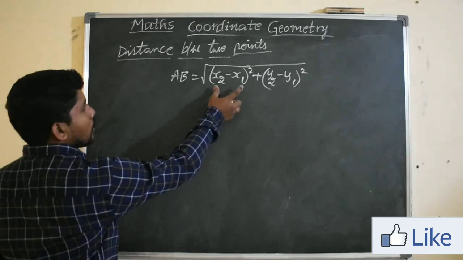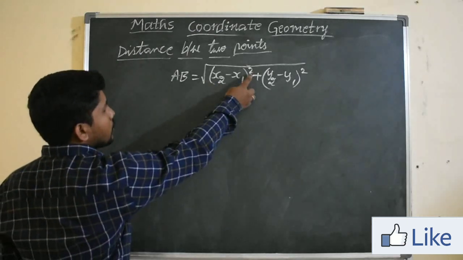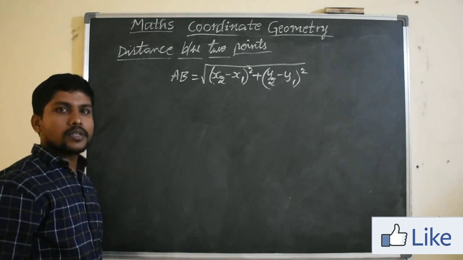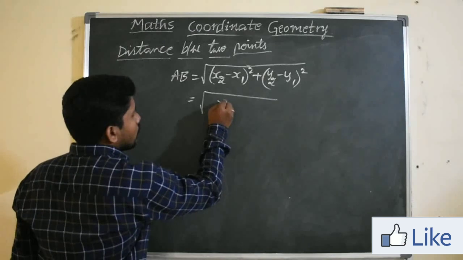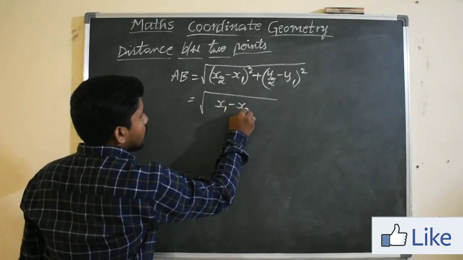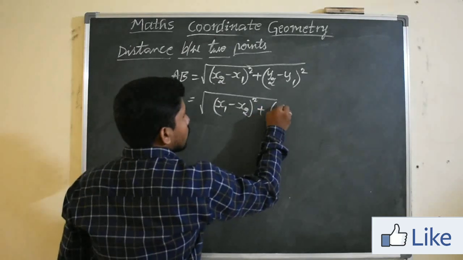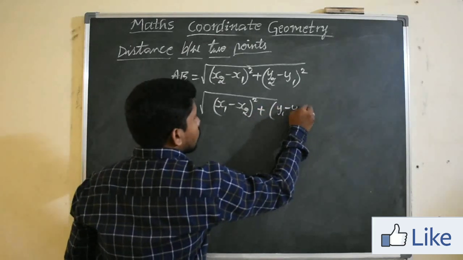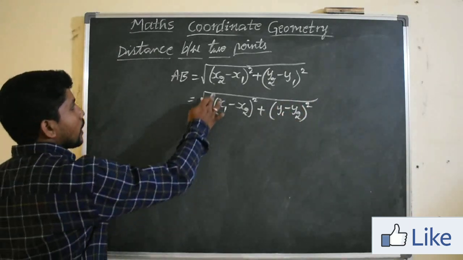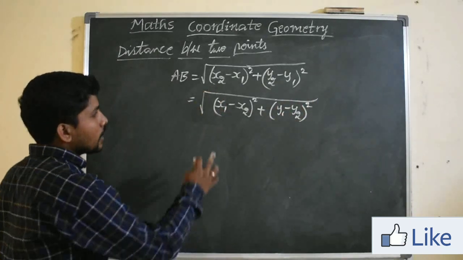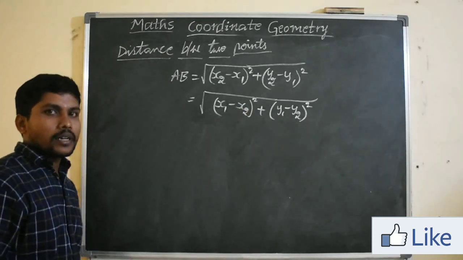If I take a minus common here, since it is having an even power, it becomes positive. So we get x1 minus x2 whole square plus y1 minus y2 whole square. Both are correct. We can also write the distance between 2 points as under root of x1 minus x2 whole square plus y1 minus y2 whole square.